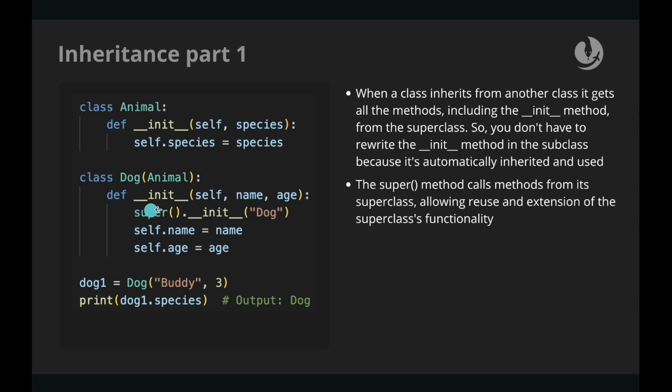So we are calling the parent init method with super().__init__, and we are passing as the species the dog. And this makes sense because we are referencing the dog class, so the dog is going to be fixed. If we would have a cat class, we would set this as cat. But then we have to also remember to set the name and the age.